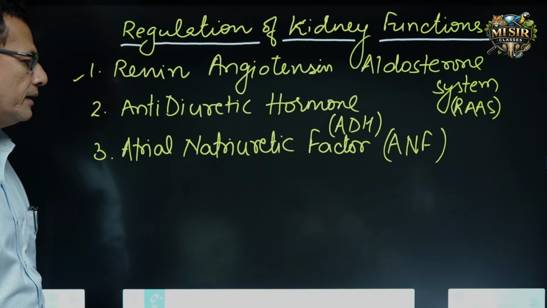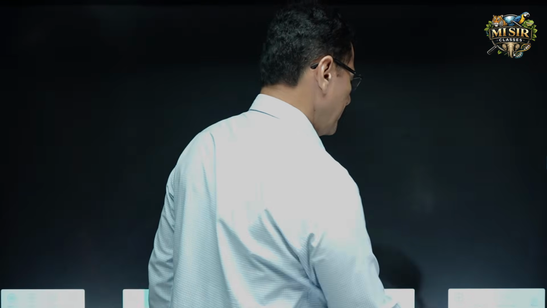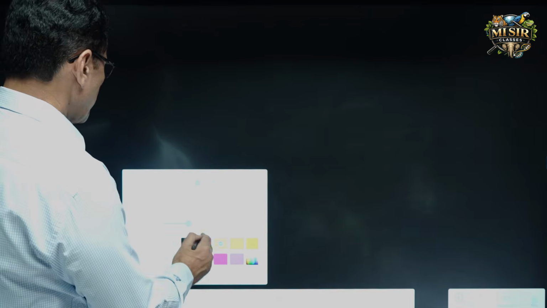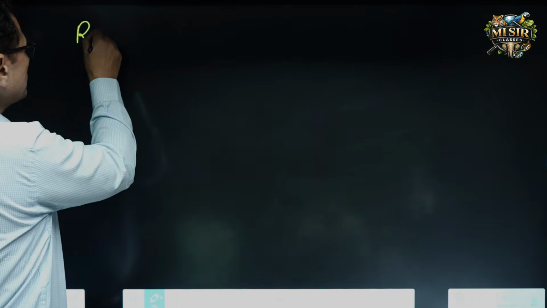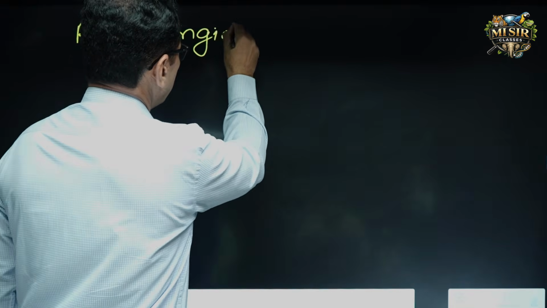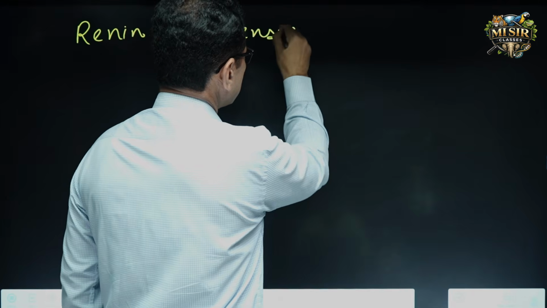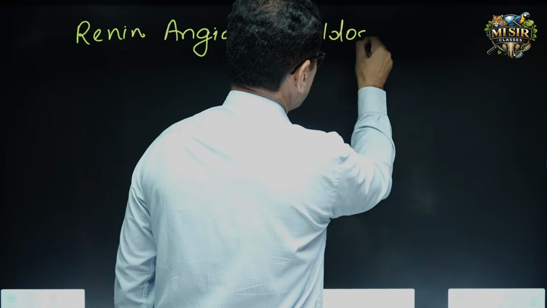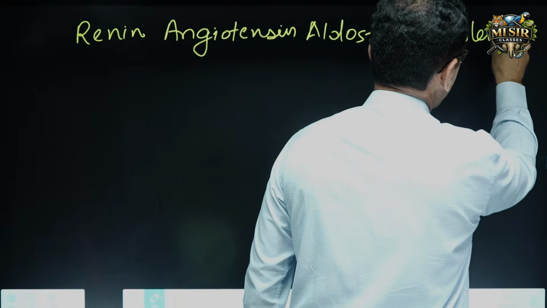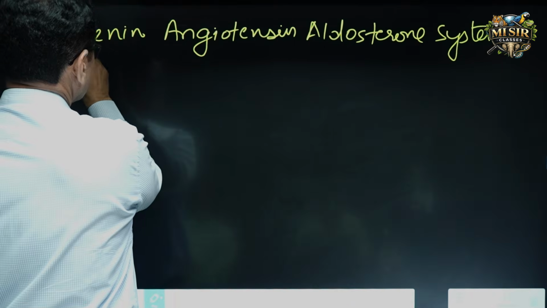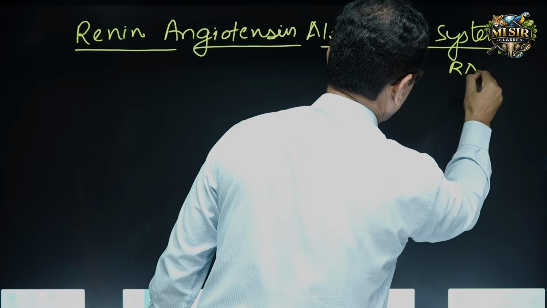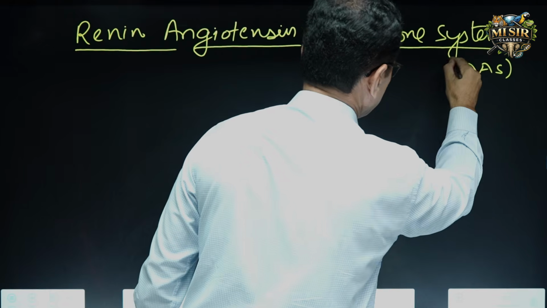Renin, Angiotensin, Aldosterone System, or as I told, in short, this is also known as RAAS.